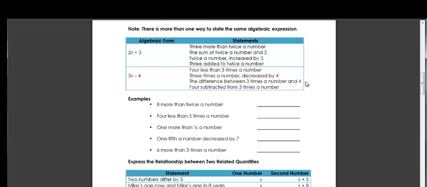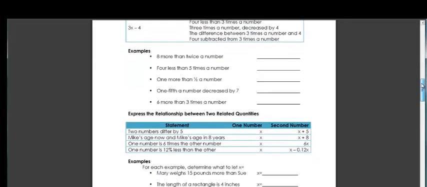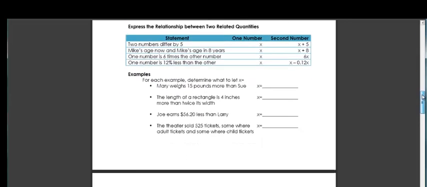Alright, let's move on. Let's express the relationship between 2 related quantities. Some examples of what I mean by this is, it says 2 numbers differ by 5. So we don't know either of these numbers.